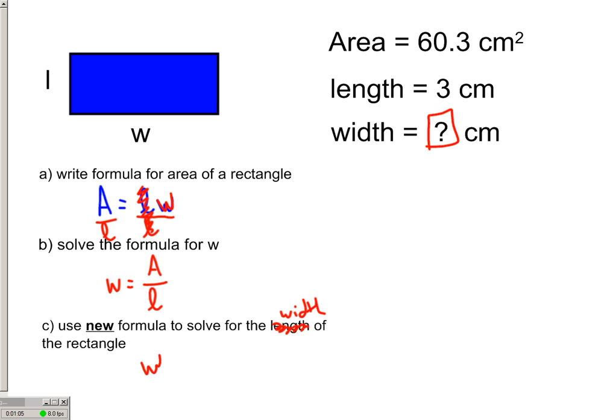That's the reason we have a question mark there, but I do know that the area is 60.3 centimeters squared. And I do know that the length is 3 centimeters. And it's just division. 60.3 divided by 3 will get us 20.1 centimeters. So what is the width? It's 20.1 centimeters.